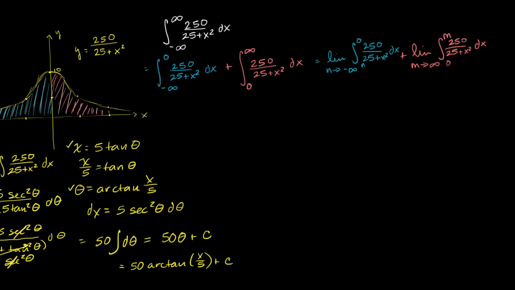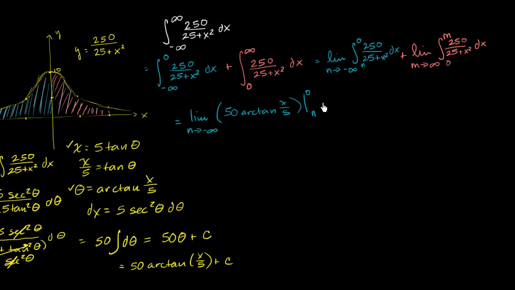So let's do that. What we have in blue, we can rewrite as the limit as n approaches negative infinity of an antiderivative of this, which we could say is 50 arctangent of x over 5, evaluated at 0 and n.